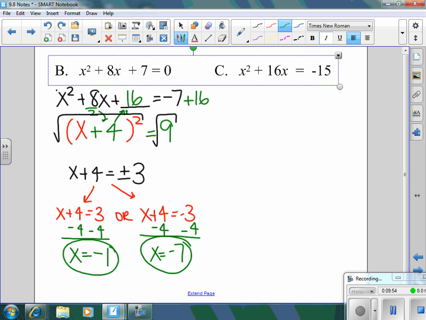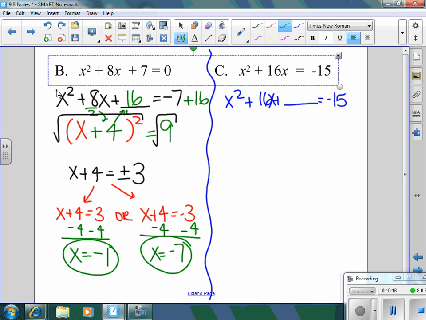Let's do C. C is written a little better than B was. We have the 15 moved to the other side, but let's rewrite it so we have a blank equals negative 15.